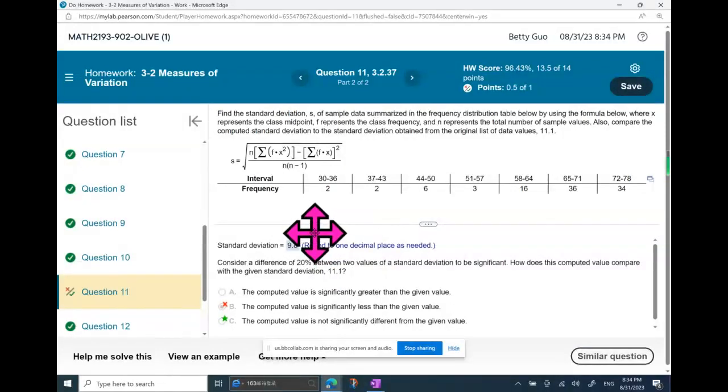Yes, sorry, I was stating something different. Because you're in homework 3-2, measures of variation, we can only access that if we have completed 3-1, measures of center. So I was just letting you know that I can't access the data that you're currently working with. Does that make sense?